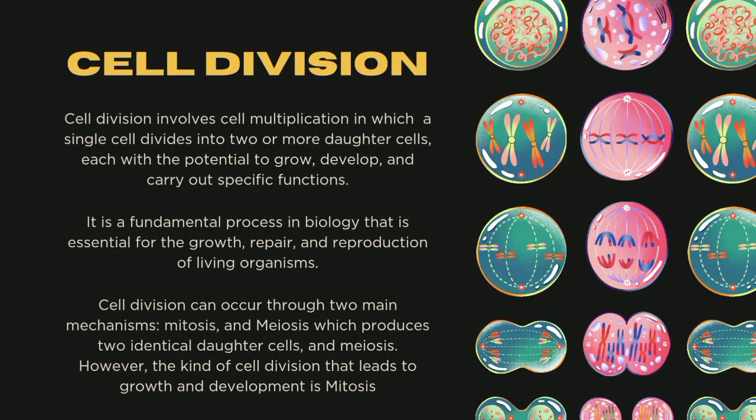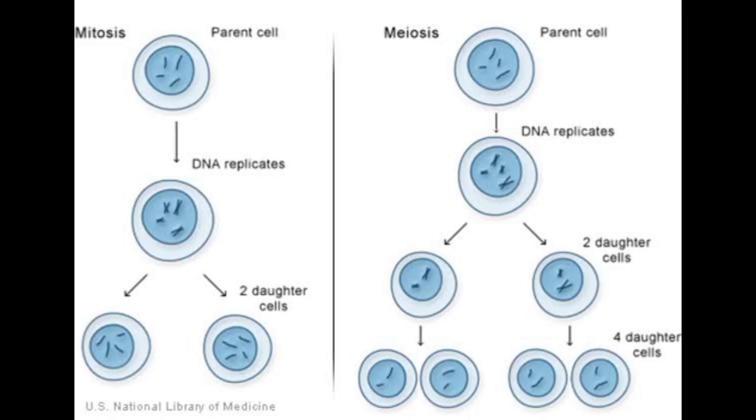Let's look at these bases of growth one after the other. Number one, cell division. Cell division involves cell multiplication. In order for a cell to multiply, it must divide into 2, 2 into 4, 4 into 8, 8 into 16, and so on. There are two kinds of cell division, which are mitosis and meiosis.